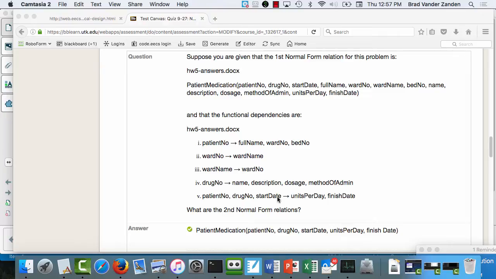Okay, so this is the primary key. That means that you're going to find the full functional dependencies whose left side is a subset of this.